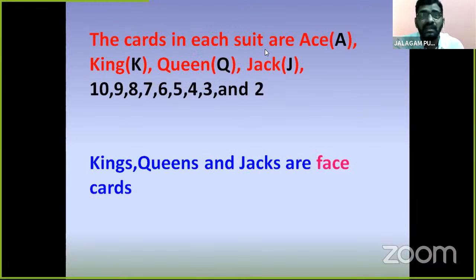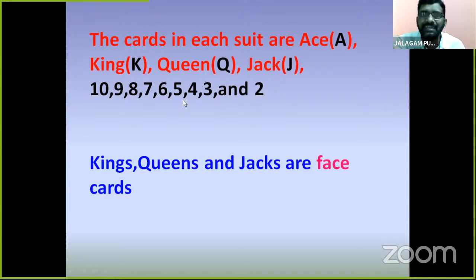See, children, the cards in each suit are: the first one is ace. Do you know about ace? Okay, we will see next what is ace. Already we saw king. Ace, king, queen, jack, 10, 9, 8, 7, 6, 5, 4, 3 and 2.